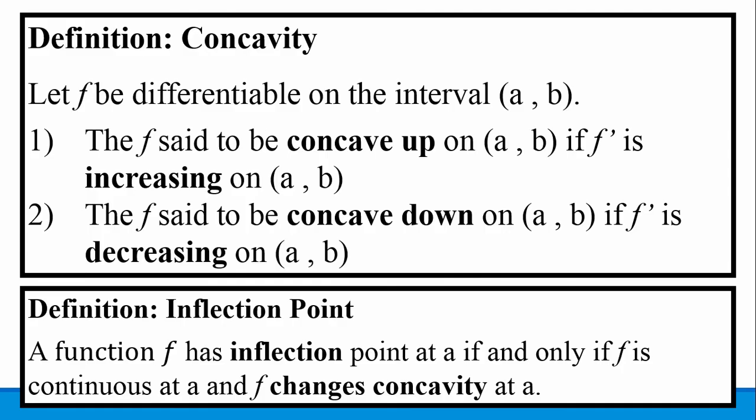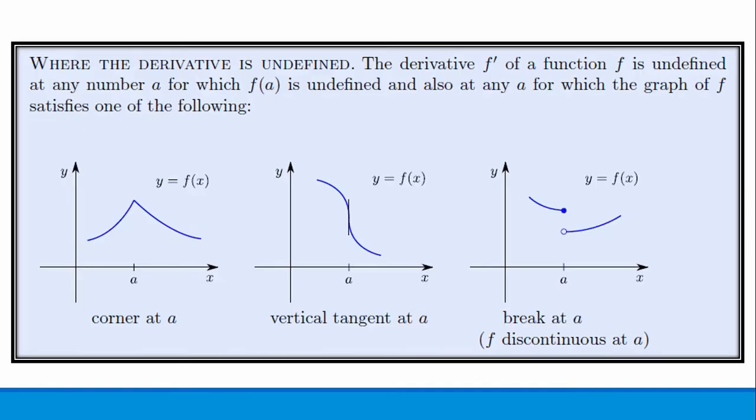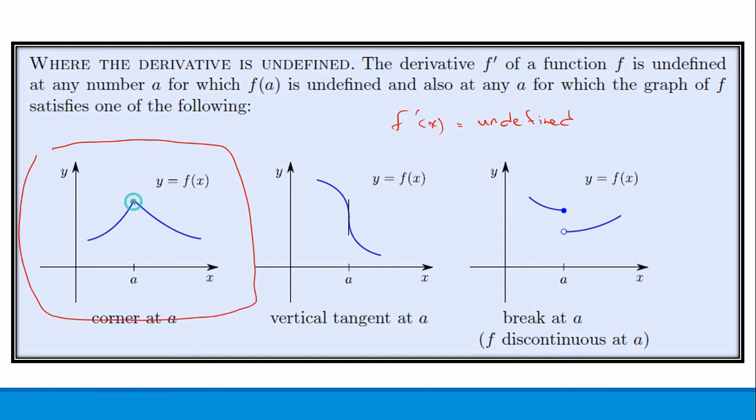However, there are some cases when you differentiate f prime x and it will be undefined. There are three cases. When the graph looks like this, at this point, how do you determine the gradient?